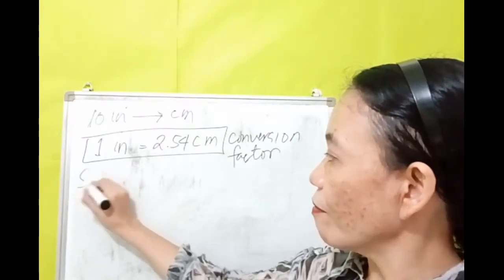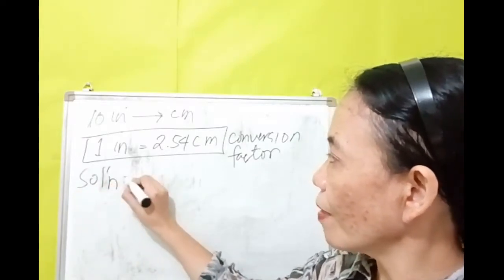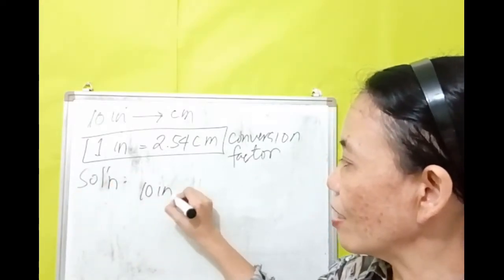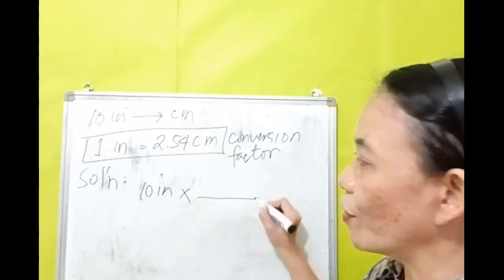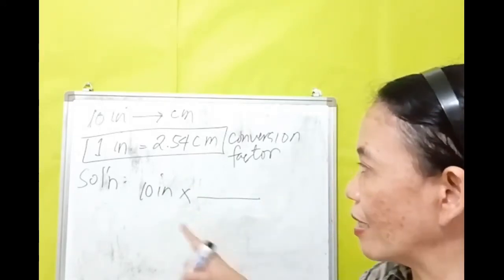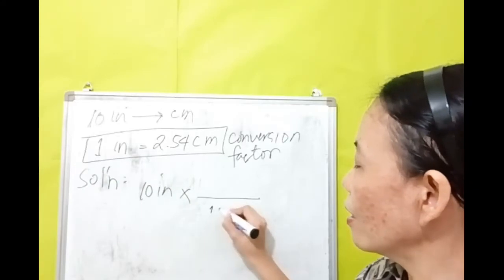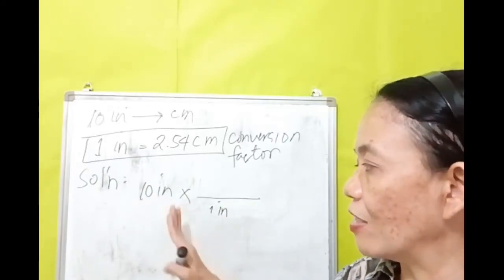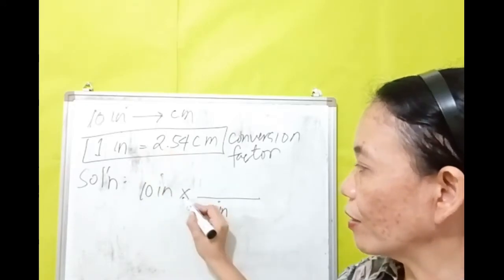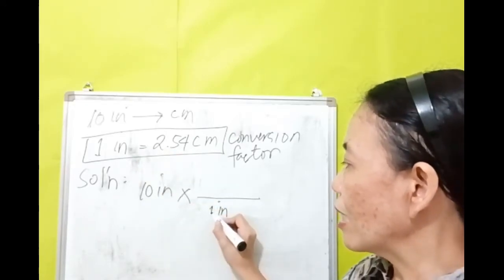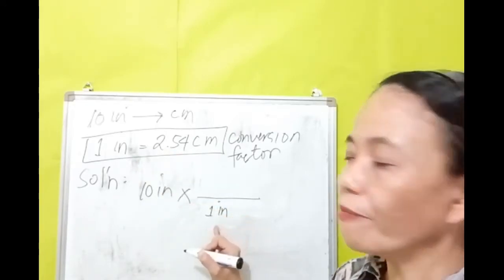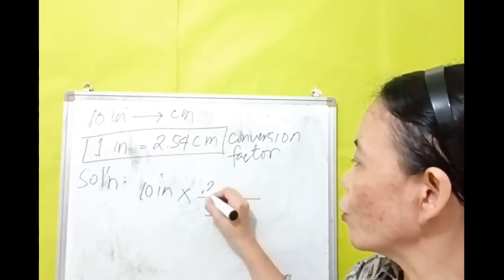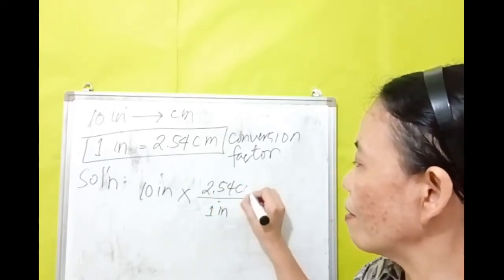So let us find out now. Copy 10 inches multiplied by the conversion factor. So this time we're going to write 1 inch in the opposite side. Multiply 10 inches by this conversion factor. So write 1 inch in the denominator, and in 1 inch there are 2.54 centimeters.